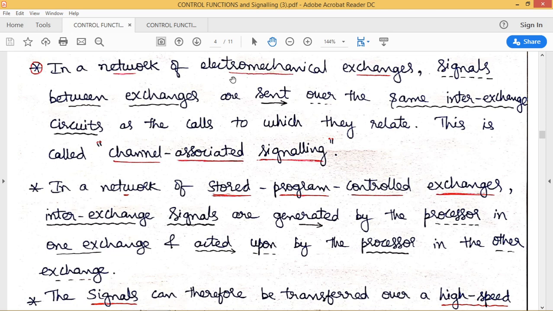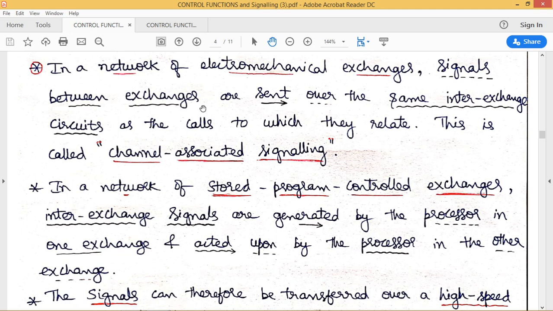We know with respect to automatic exchanges, we have discussed electromechanical exchanges as well as stored program control (SPC) exchanges. In the case of electromechanical exchanges, signals between exchanges are sent over the same inter-exchange circuits as the calls to which they relate.